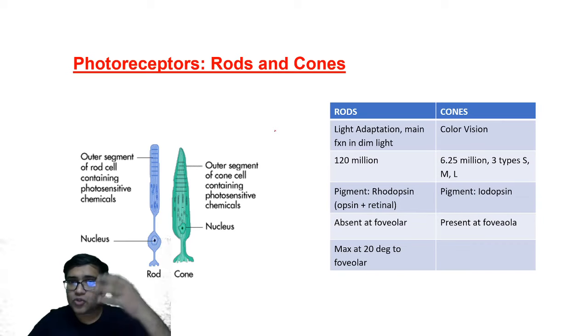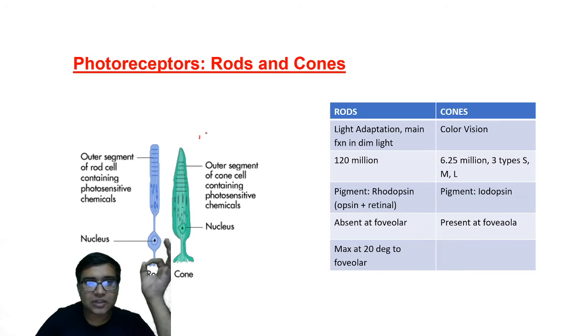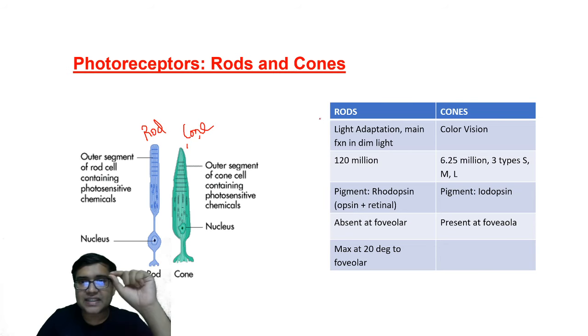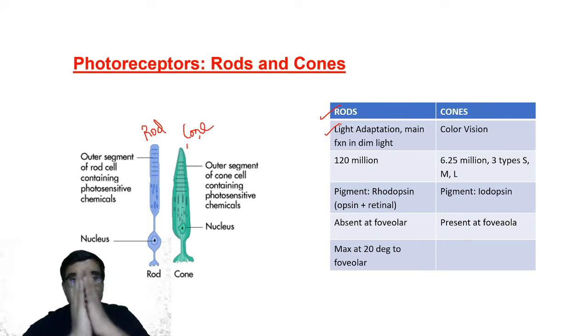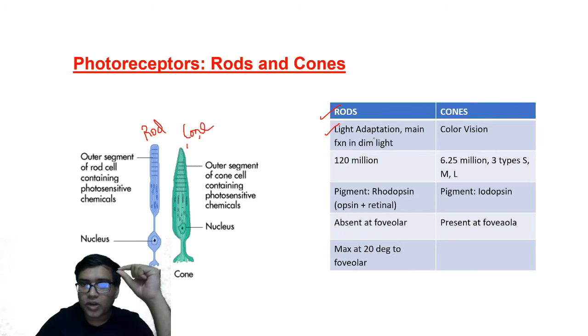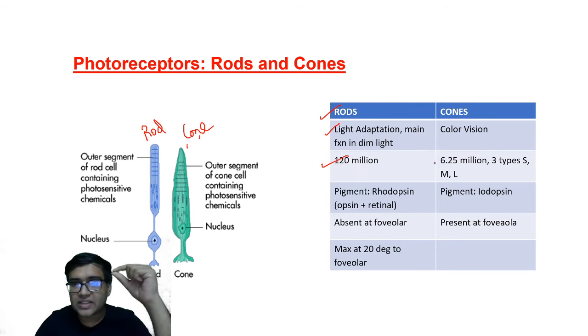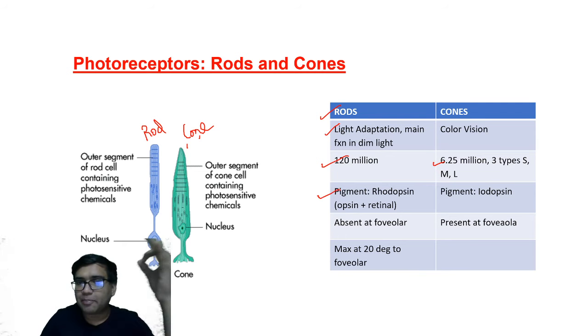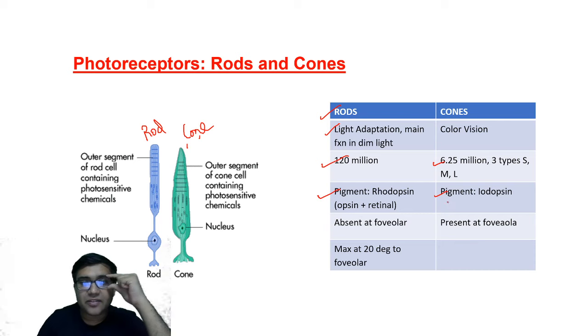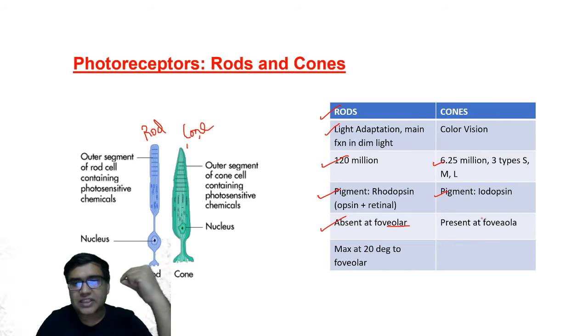This is a cone shape, and this is a rod. Rods are for night vision, R goes with Rath, and they are more in number compared to cones: 120 million compared to 6.25 million cones. The pigment in the rods is rhodopsin, whereas the pigment in the cones is iodopsin. Rods are absent at the foveolar region, and cones are maximally present at the fovea.